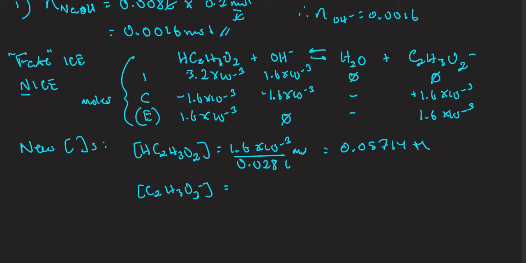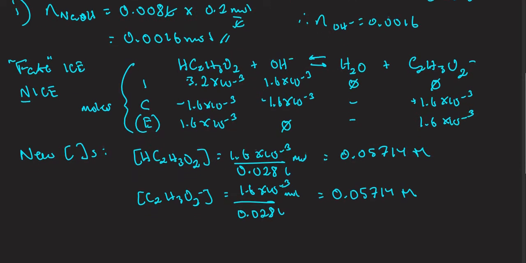Turns out we have the same number of moles. Okay, which means we have the same concentration. 0.05714. Okay, this is our first step. Now our second step, our stoichiometry step is now done.